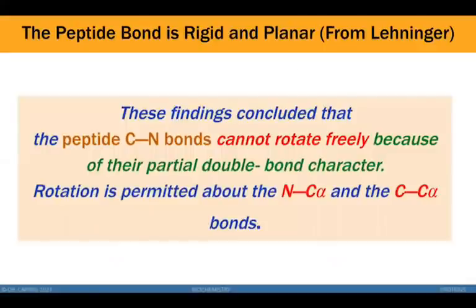So these findings concluded that the peptide bonds, or the peptide carbonyl carbon and the nitrogen of the amide group, cannot freely rotate because of their partial double bond character, and rotation is permitted around the nitrogen and the alpha carbon, and the carbonyl carbon and the alpha carbon bonds.